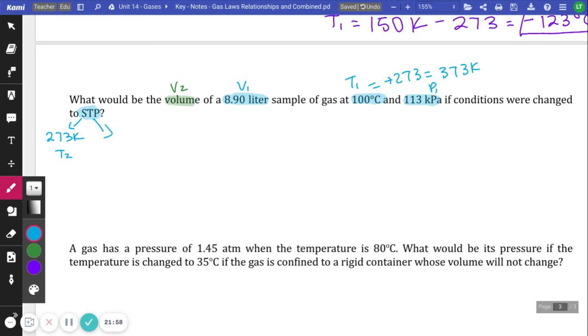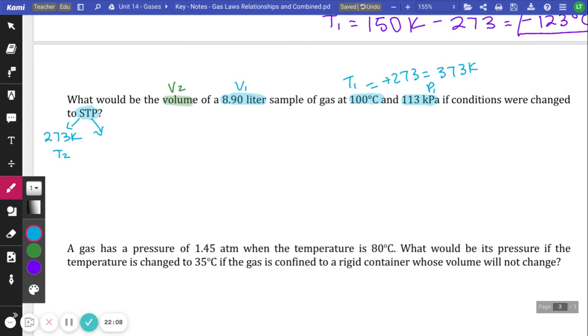And standard pressure is 1 atmosphere, or in this case, we're in kilopascals, so standard pressure is going to be 101.325 kilopascals.